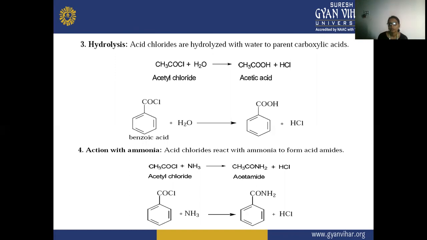So in the action with ammonia, acid chloride is reacting with ammonia, and there is a formation of acid amide, that is, acetyl chloride plus ammonia forms acetamide plus HCl. In this, the acid chloride benzoyl chloride is reacting with the ammonia, and there is a formation of this acid amide.